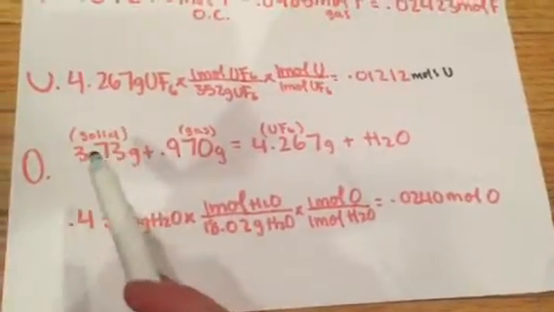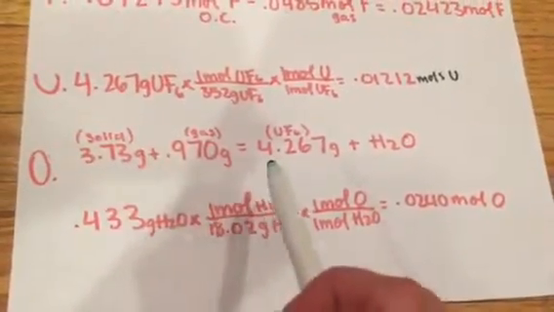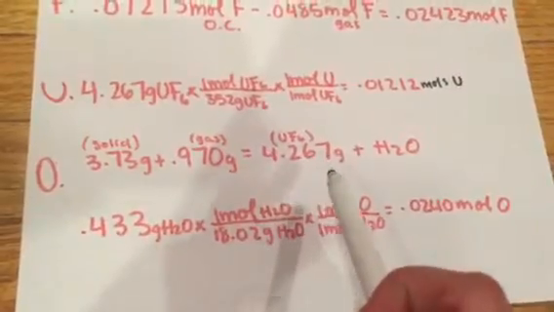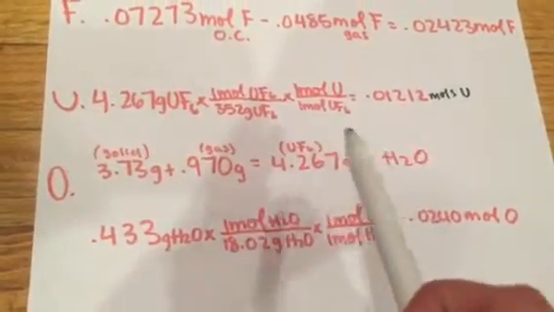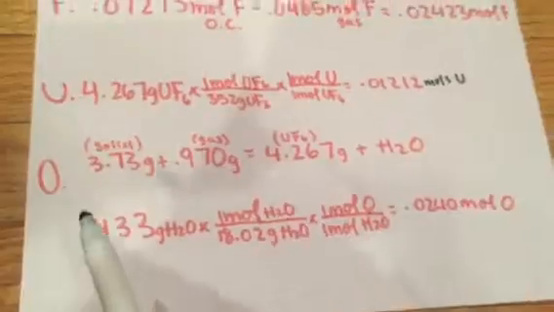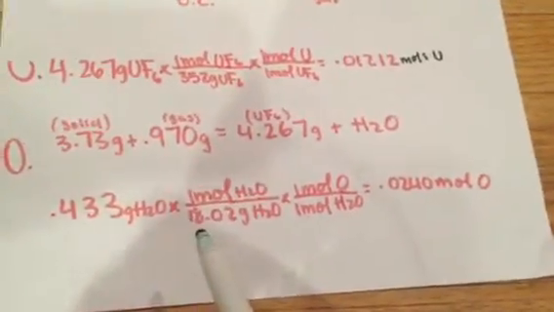When we add these two numbers together and then subtract over 4.267 to the other side so that we get H2O by itself, we get 0.433 grams of H2O.